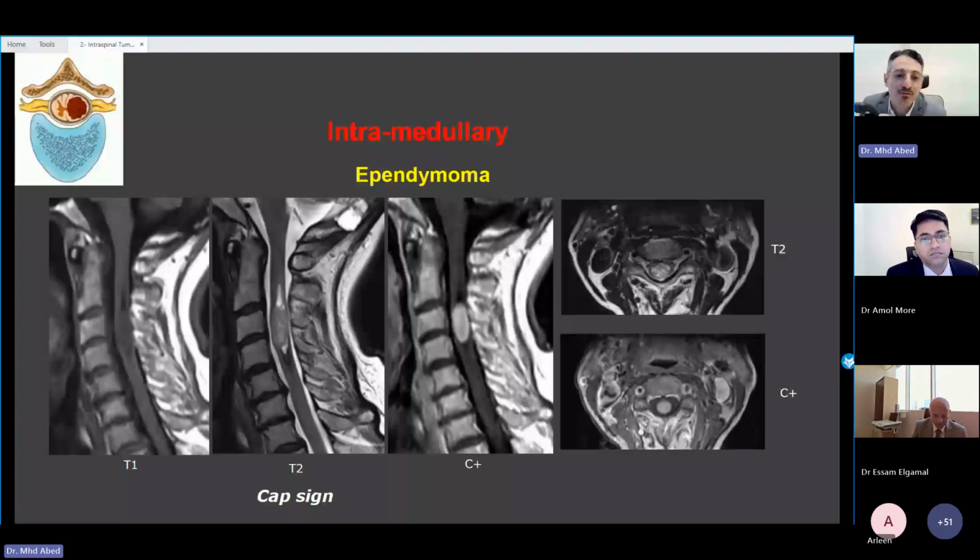We have this lesion, which is clearly within the spinal cord itself. It's very slightly hyperintense compared to the spinal cord. It demonstrates homogeneous enhancement, and if you look at the axial view, it is very central within the spinal cord itself, because it originates from the central canal.